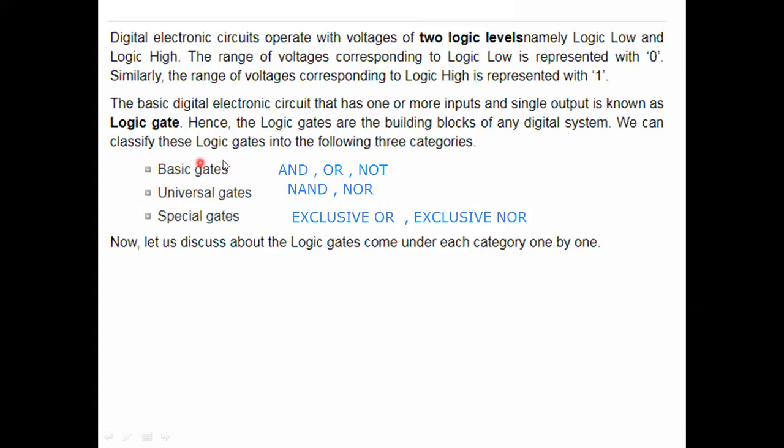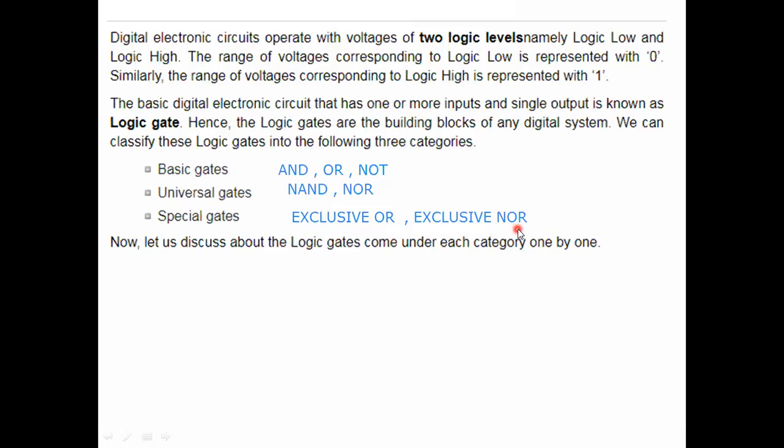So the basic gates are AND gate, OR gate, and NOT gate. Universal gates are NAND gate and NOR gate. Special gates are exclusive OR and exclusive NOR, whose shortcut names are XOR gate and XNOR gate.